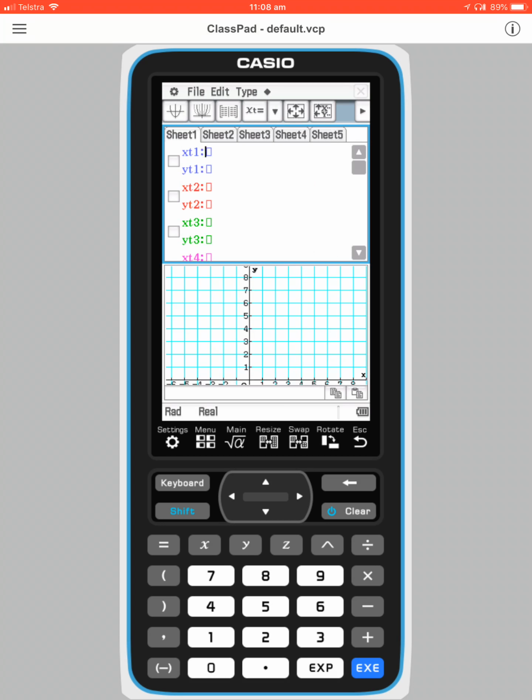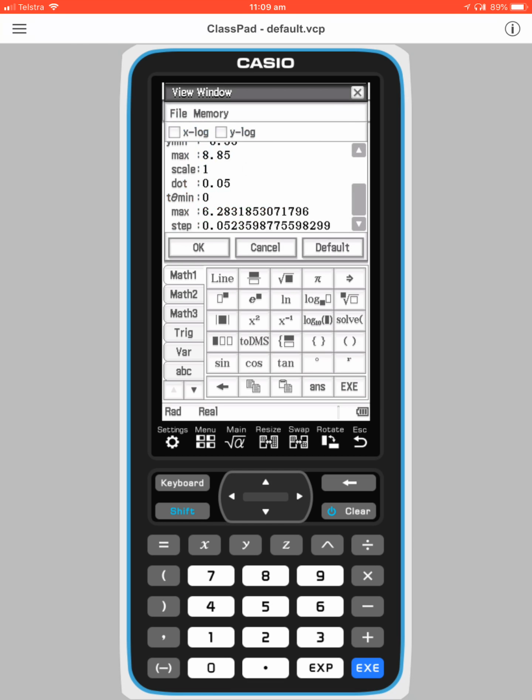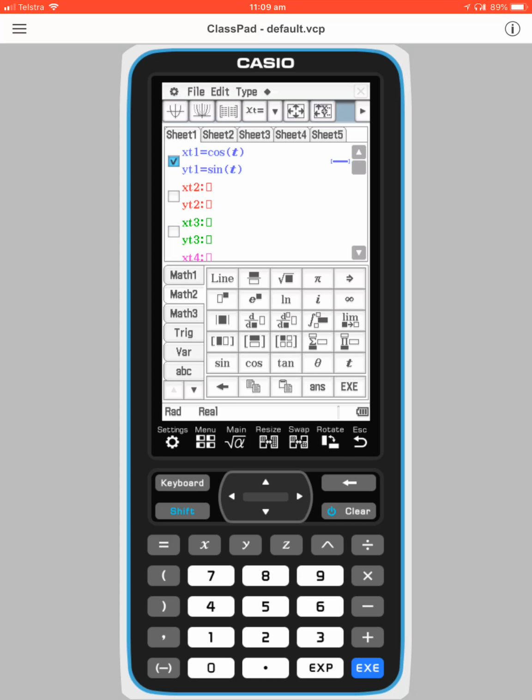Okay, so let's put in our parametric equations. Cos of t, sine of t, we want it between 0 to 2 pi, and let's sketch it.